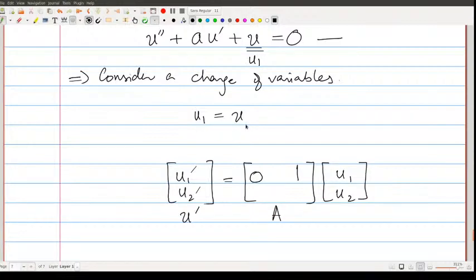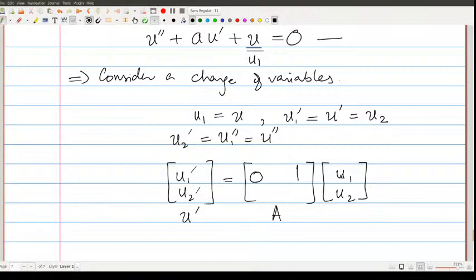So u1 is equal to u, and now if I do u1 prime, I get u prime, which I can now label as the new variable u2. And then u2 prime is just u double prime. Now I can write this equation.